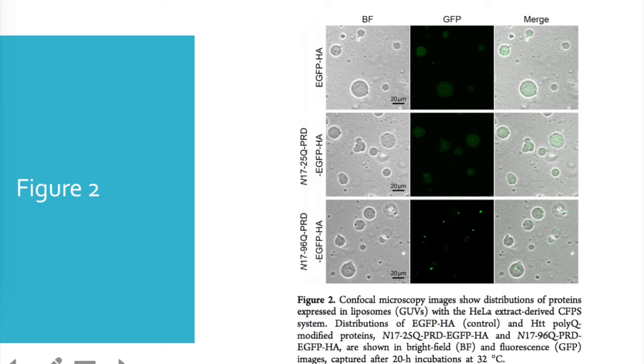This is because since there are other cellular components like proteins and whatnot inside these GUV structures that they used the first time, they might have created additional assistance in order to help those polyQ repeats eventually cause aggregation. So it did help the scientists establish a basis for the paper, but it did not confirm that this can happen all the time in an in vitro system without those cellular components.